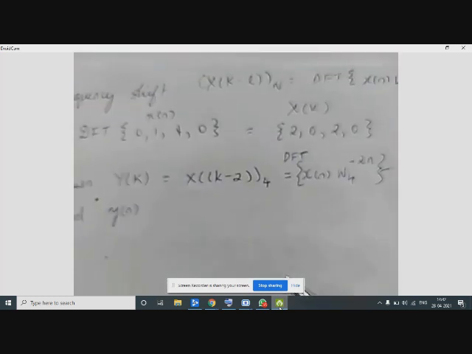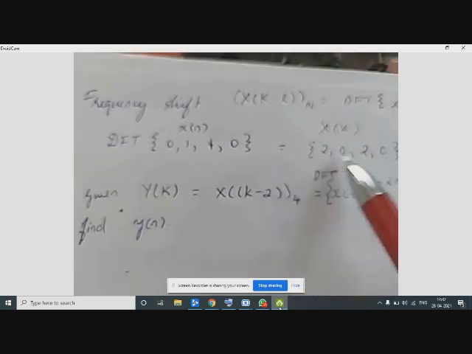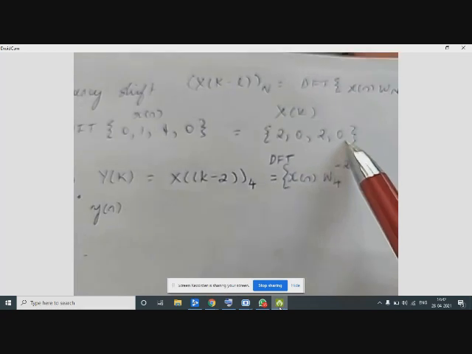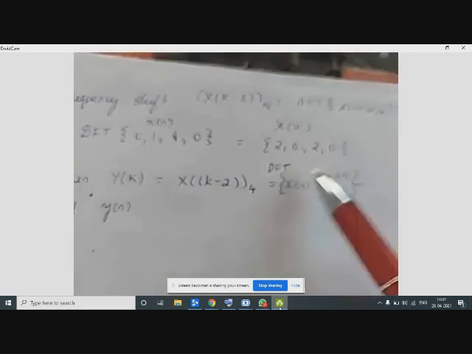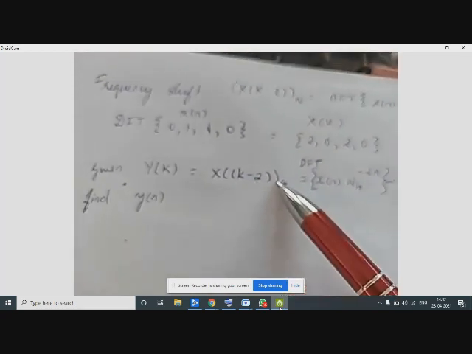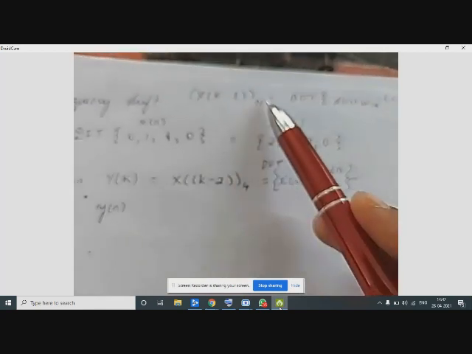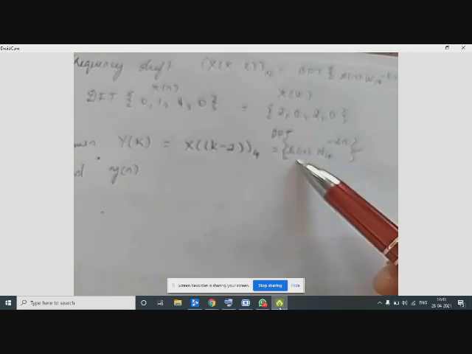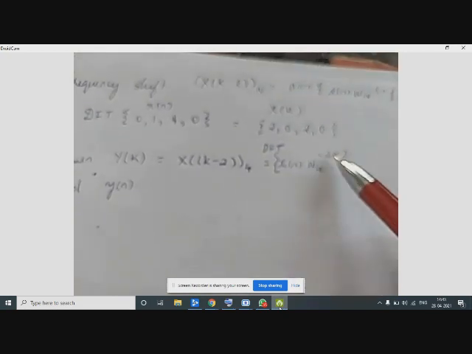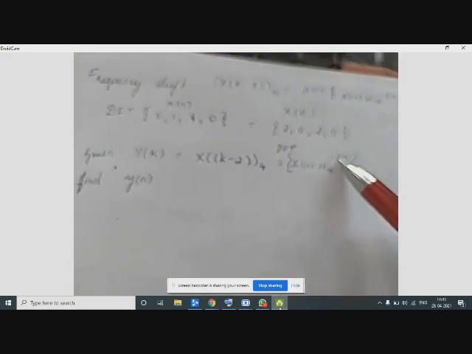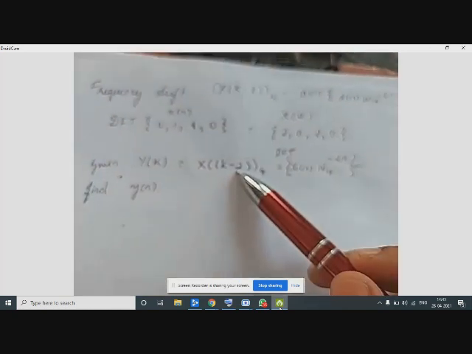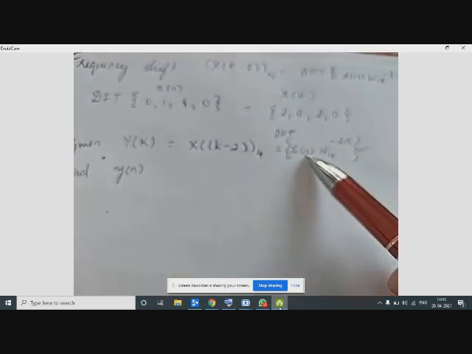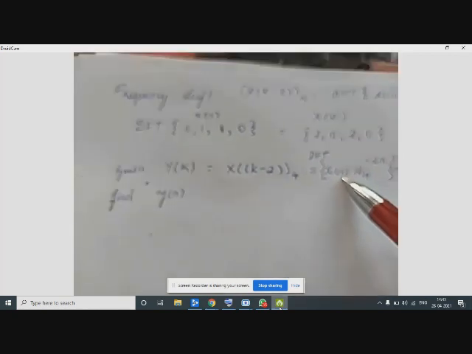Okay, so whenever the sequence x of k that you have got is 2 0 2 0, now what is asked? x of k minus 2. According to this formula, x of k minus L is DFT of x of n W4 power minus 2 into n. L value is nothing but 2 because the shift is 2. Got it? They have asked you to find y of n.